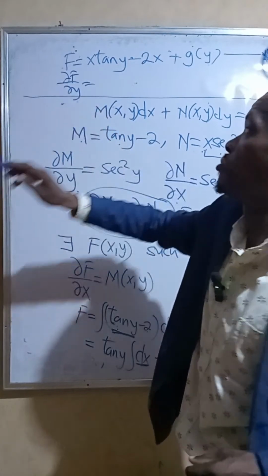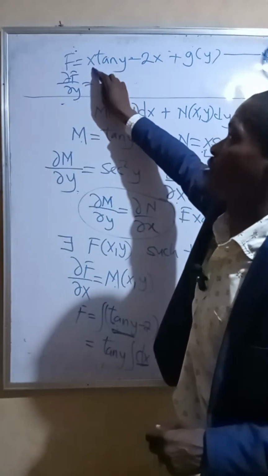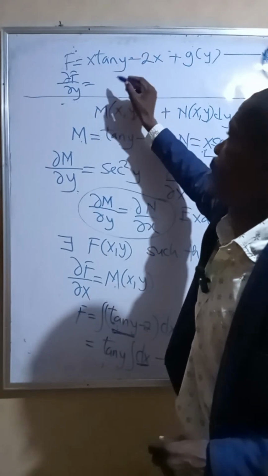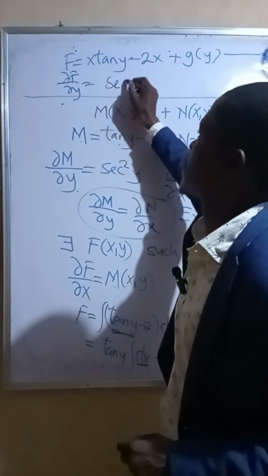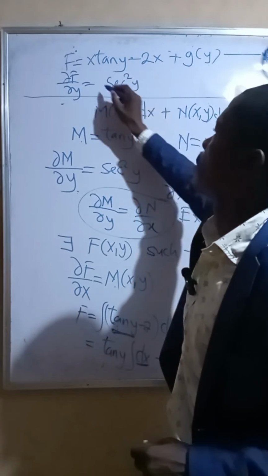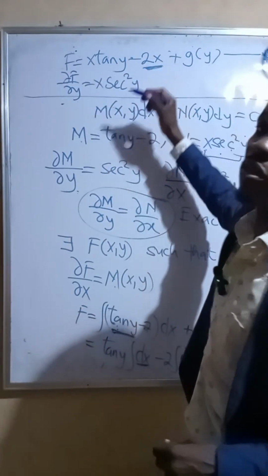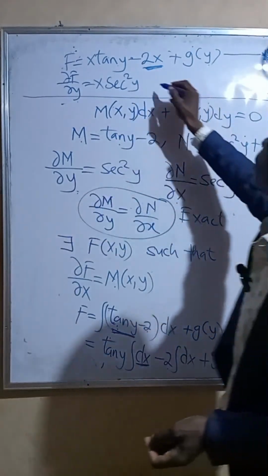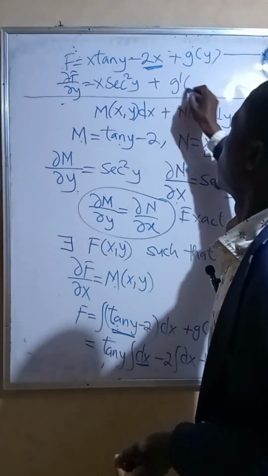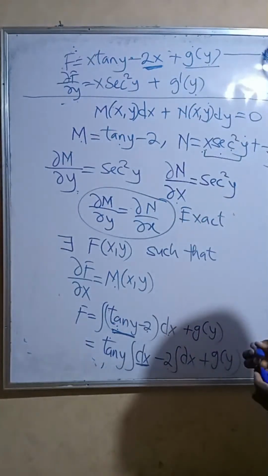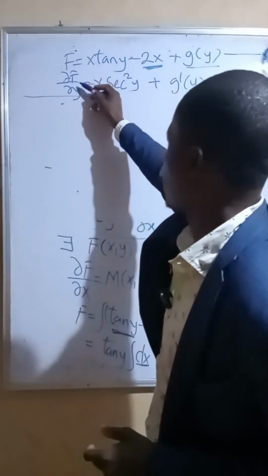So you keep the x constant and differentiate tan y. The derivative of tan is sec square y. The minus 2x is a constant, and when you differentiate a constant, that will be 0, and then plus g prime of y.